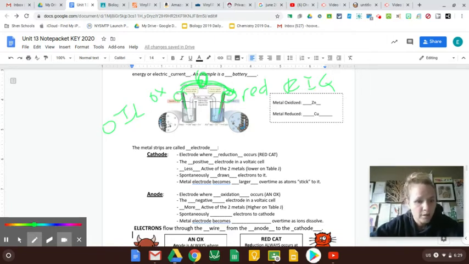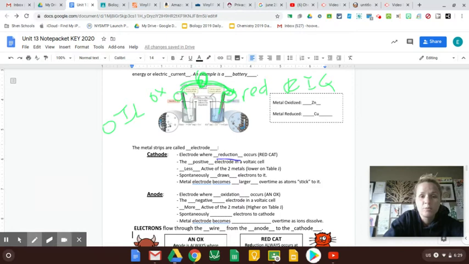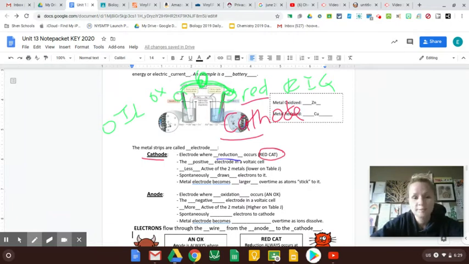We call the end where your reduction occurs the cathode. So this is the cathode over here. Reduction happens at the cathode, so we remember it: red cat.